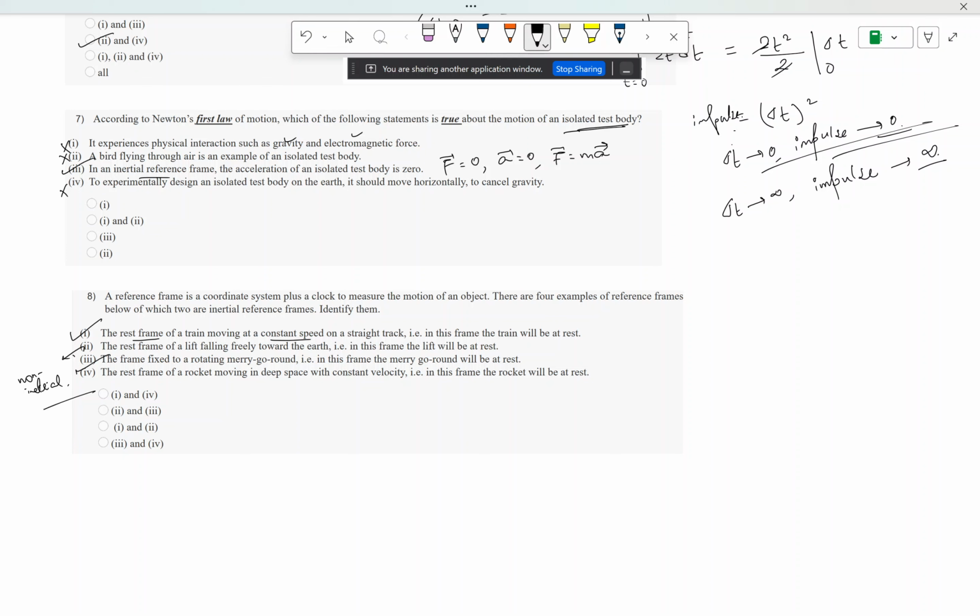And the fourth one is that the frame of the rocket moving in... Okay, so I did not put the actual sign. So basically the first one was an inertial frame of reference, but the second one is not an example of an inertial frame of reference. Third one is that it is fixed to a rotating merry-go-round, that is, the frame of the merry-go-round will be at rest.